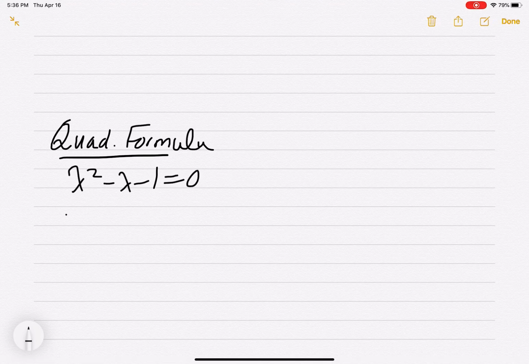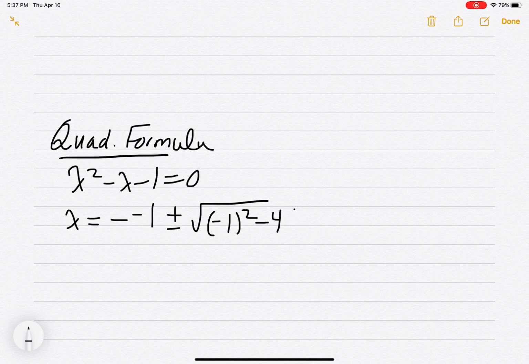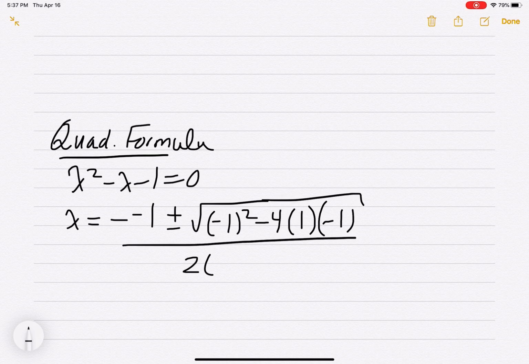So you'd have lambda equals minus b. B is negative 1, so negative b is 1, plus or minus the square root of b squared, negative 1 squared, minus 4 times a, 1, times c, negative 1, all over 2a, 2 times 1. The double negative here is going to make a plus.